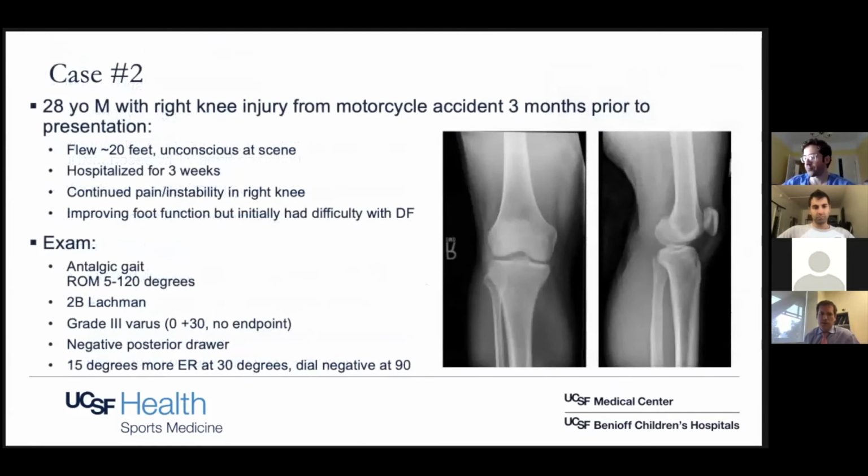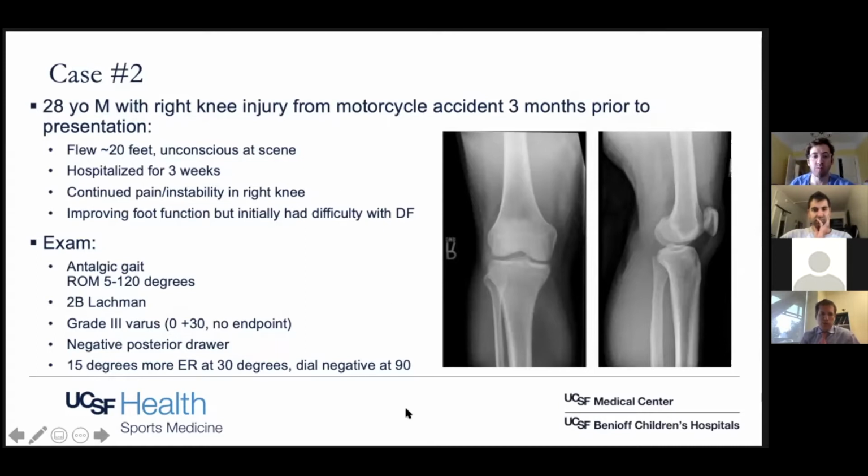All right. So number 2, this is a 28-year-old man, had a right knee injury from a motorcycle accident 3 months before presentation. He flew 20 feet, unconscious at the scene, hospitalized for 3 weeks, and then had continued pain and instability in his right knee. He had initially had difficulty with dorsiflexion, and then improving foot function over time.